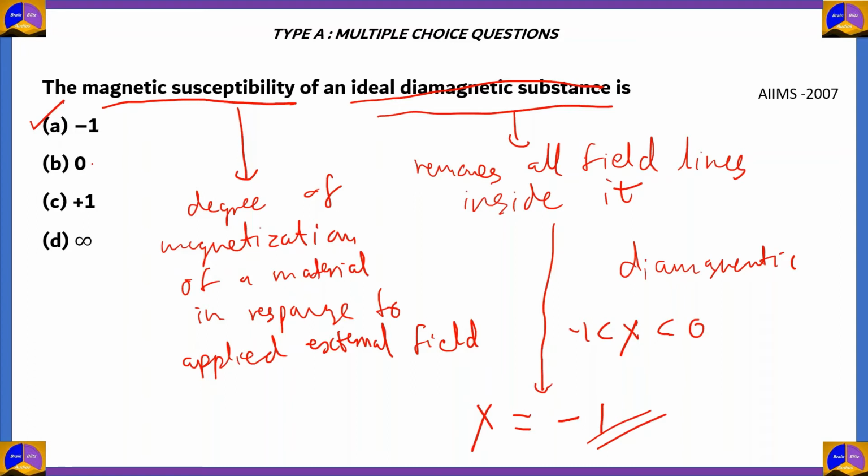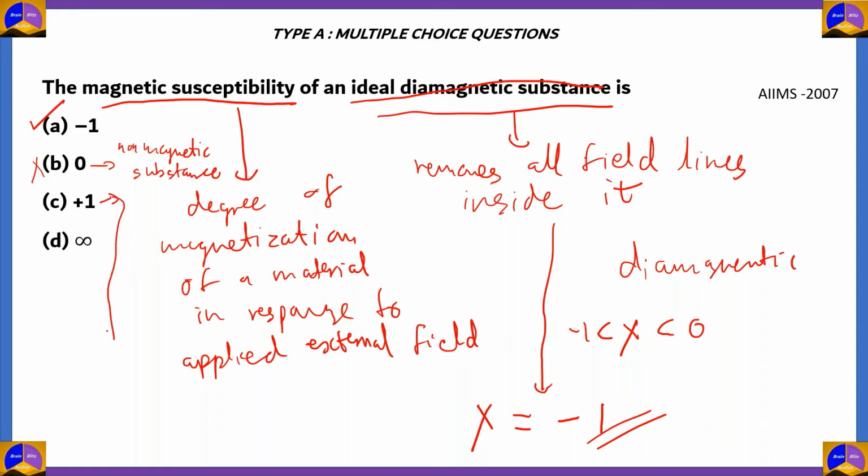If you look at option B, this will be for, say, a non-magnetic substance, which will have magnetic susceptibility of 0, because then there will be no reaction to the external magnetic field, say plastics. So option B is incorrect. Option C, +1.